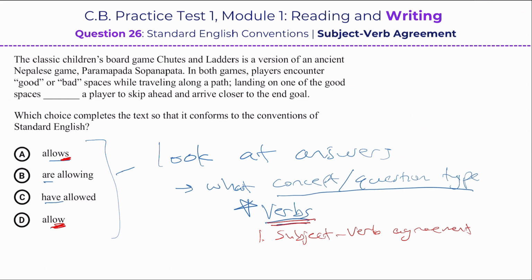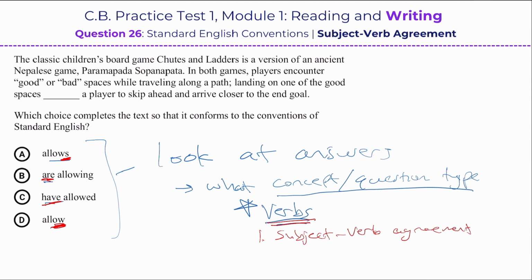As soon as you notice that difference, you're going to be thinking, this question is testing me on subject-verb agreement. At least that's one of the things. It doesn't have to be the case that all of the answer choices have singular and plural verbs, but as long as two of them have that difference, that's enough for you to think about subject-verb agreement.